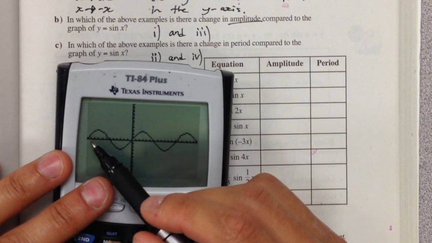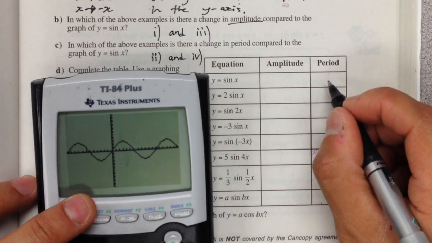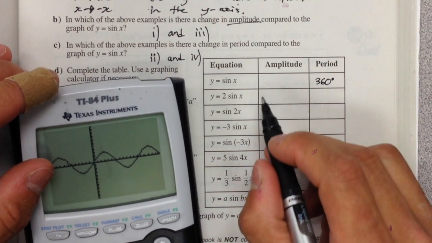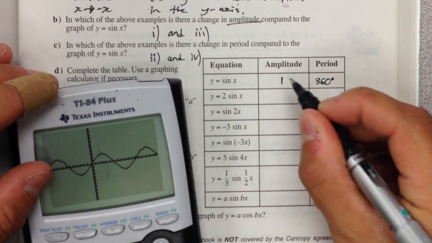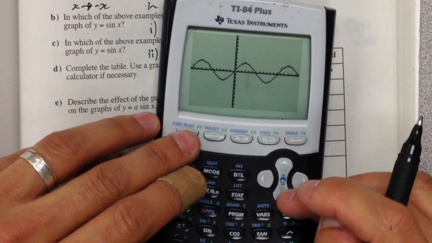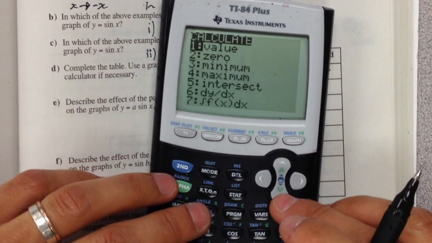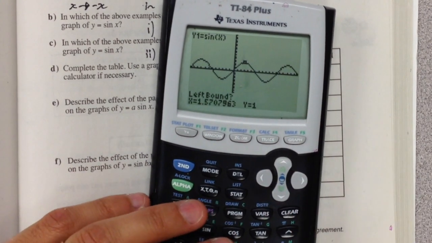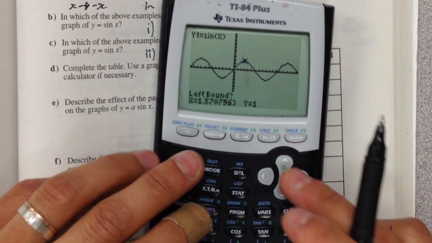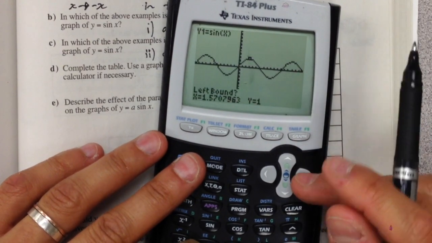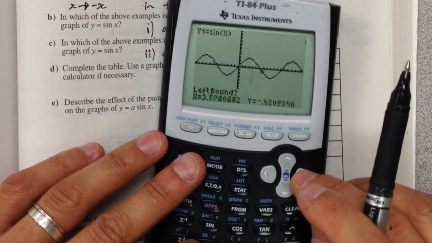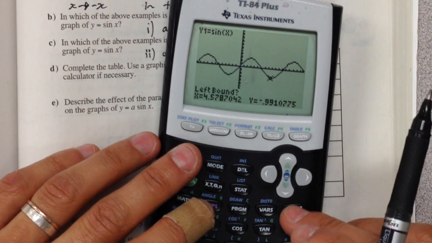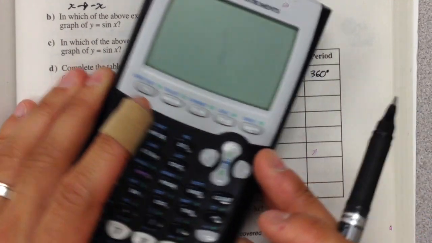For most of these it's 360 degrees. The amplitude is just 1. My maximum value is y equals 1 and my minimum value is -1. So 1 plus -1 would be 2, divided by 2 would be 1. So I have an amplitude of 1.